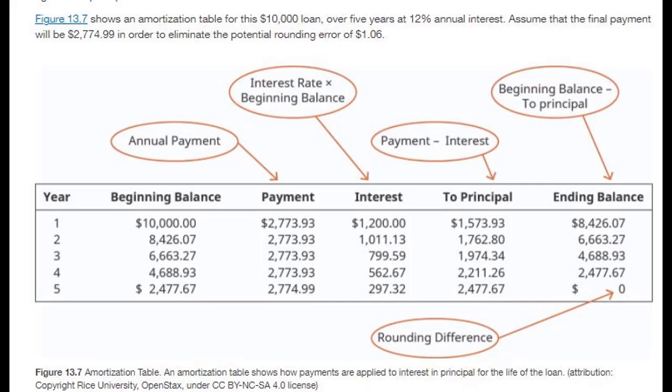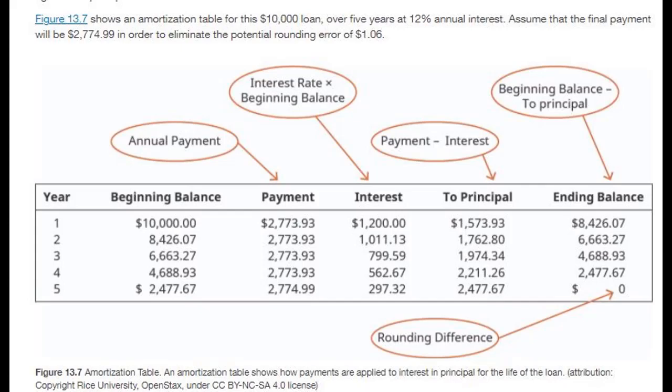And so you're paying a lot of interest. In the later years, the amount that you owe is less because you're paying down the debt. And so you have less interest to worry about. And so if you're paying the same amount of money each year, and if you have less interest to worry about, you can put more of your annual payment towards paying off the original principal. And you can see those trends play out on these 5 rows.